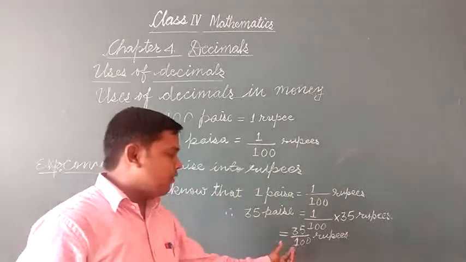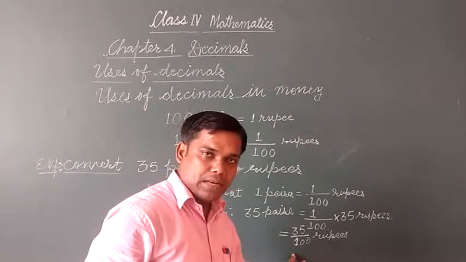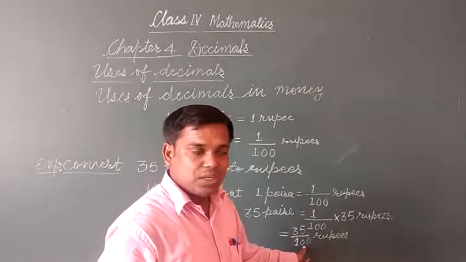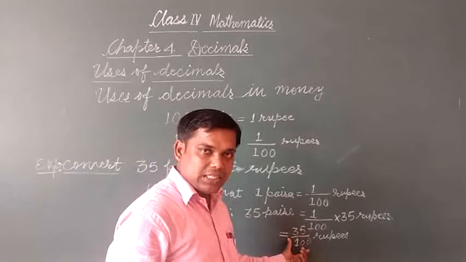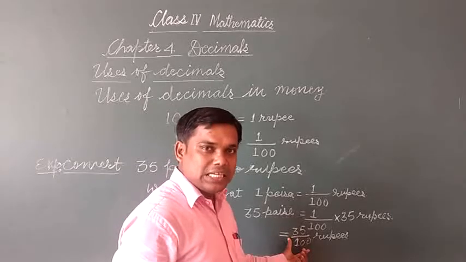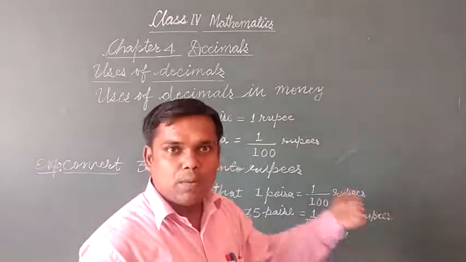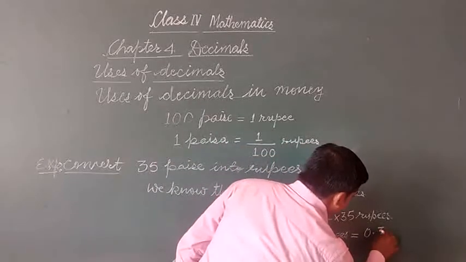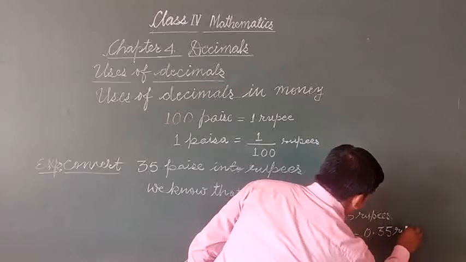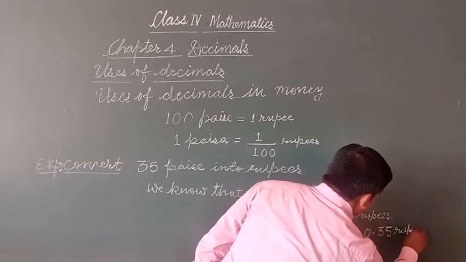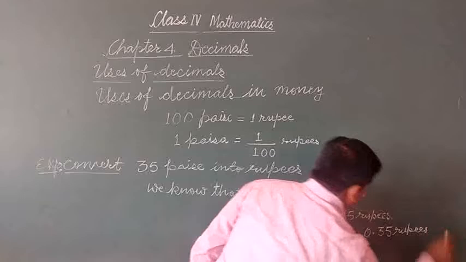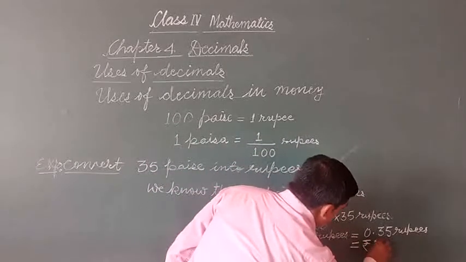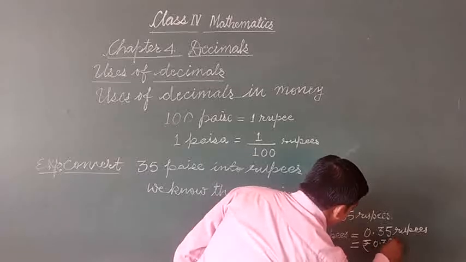You know how to convert this fraction into a decimal. As in the denominator we have 2 zeros, we will convert this fraction by placing the decimal leaving 2 digits from the right. It means we can write it as 0.35 rupees, or in symbol form we write the rupee symbol and then 0.35.